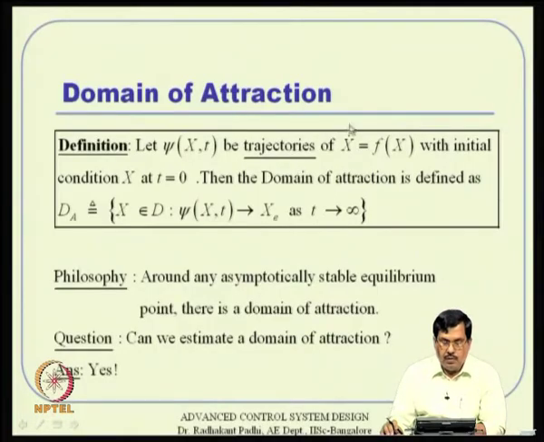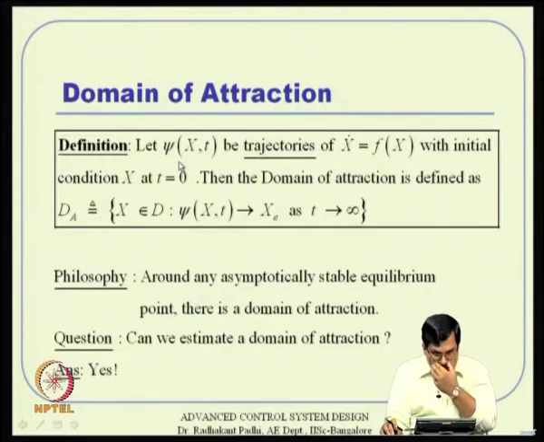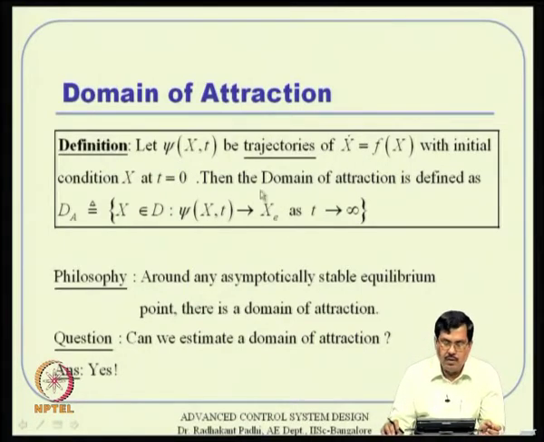Okay. So, the domain of attraction definition is like this. Let psi of x, t be the trajectories of x dot equal to f of x with initial condition x at t equal to 0. Remember, we are not talking about a particular x 0, we are talking about x 0 itself being varied, so that we get a number of trajectories with different x 0s.